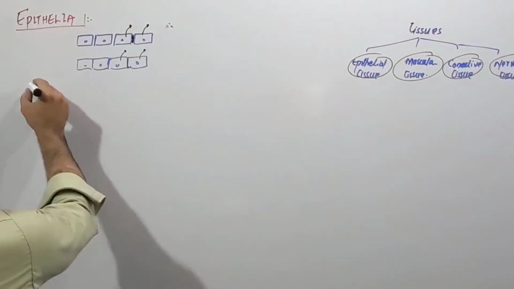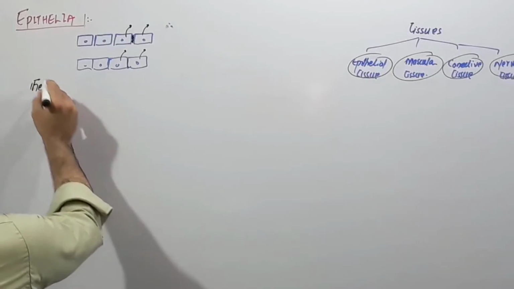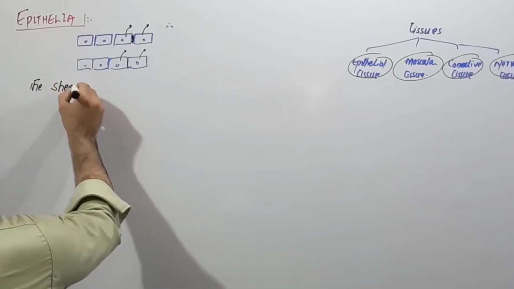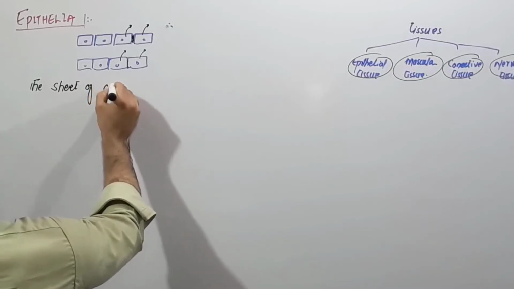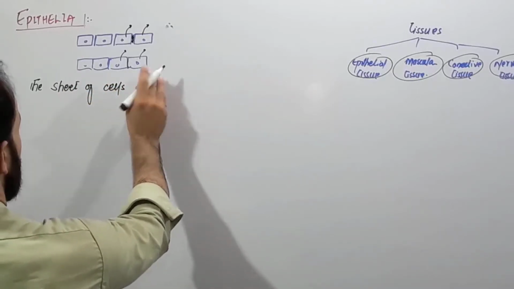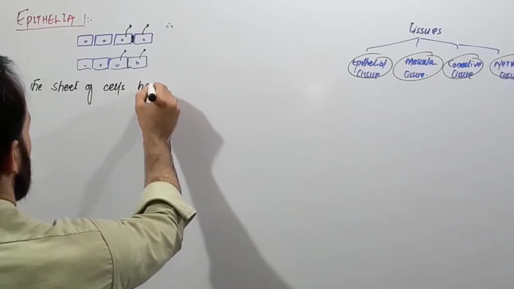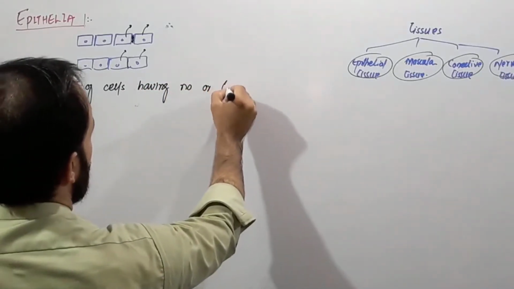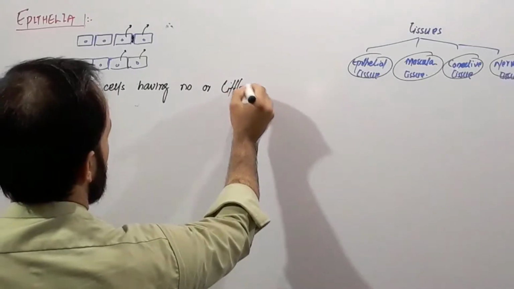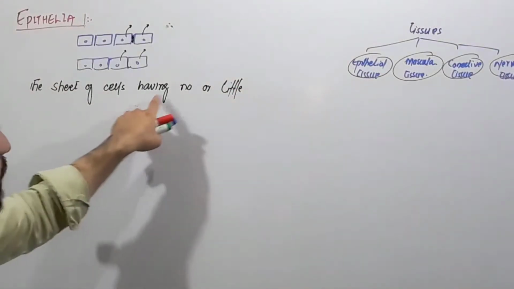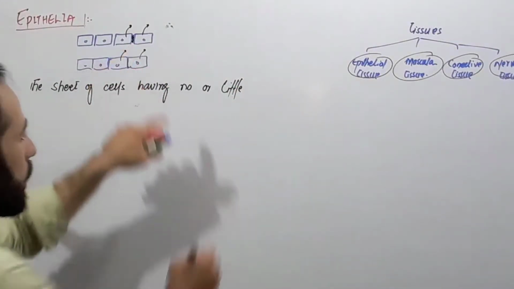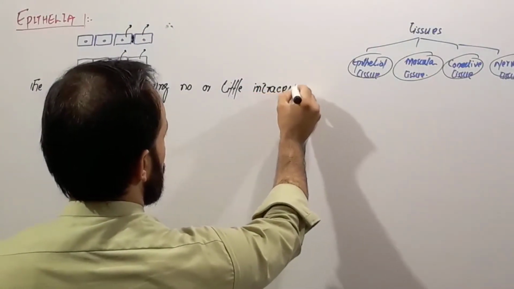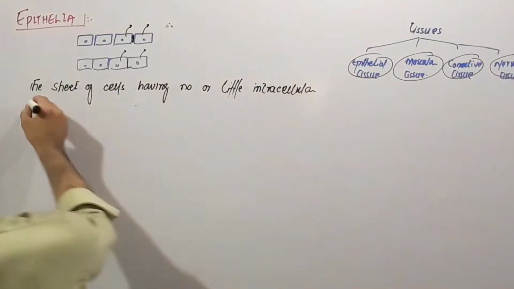So let me write the definition here. The tissue, or we say the sheet of cells, having no or little intracellular space.